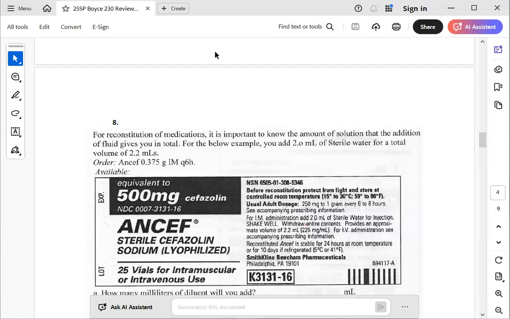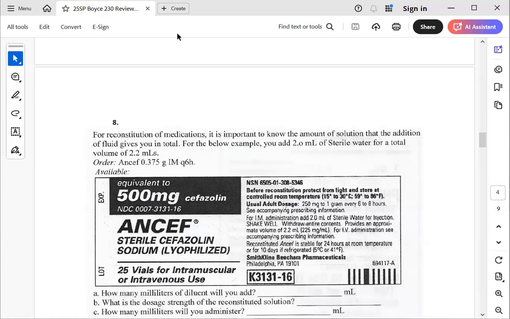You want to make sure you're paying attention to when to look at the side label over here, and what you're searching for is the actual concentration. Here it says 225 milligrams per milliliter. You want to make sure that's the information you use.